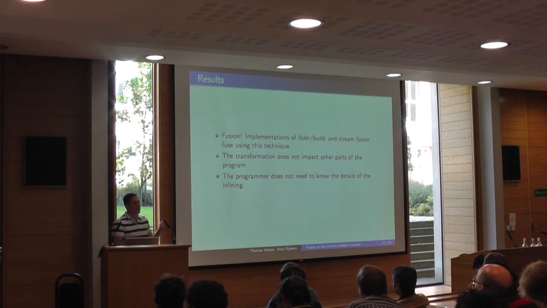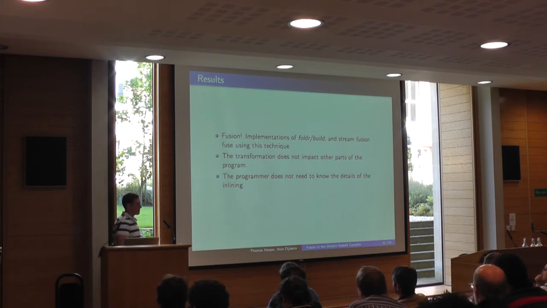The tuning affects the whole program, which sort of goes against the philosophy of this kind of fusion, which is that you're targeting specific functions. So here, once again, the intention of the programmer is made clear. They want to fuse these functions. They don't actually know better than the simplifier about everything. And so nicely, the programmer does not need to know the details of this inlining because really the process is quite predictable and automatable.